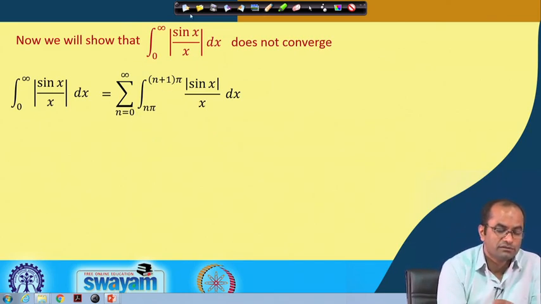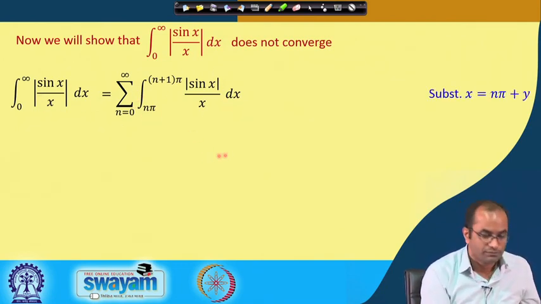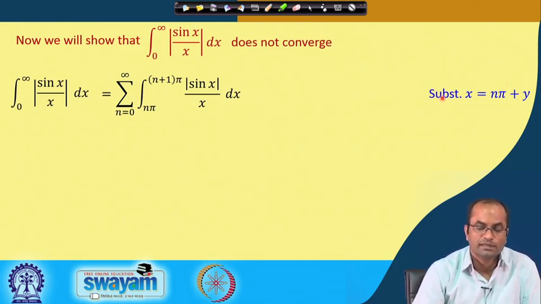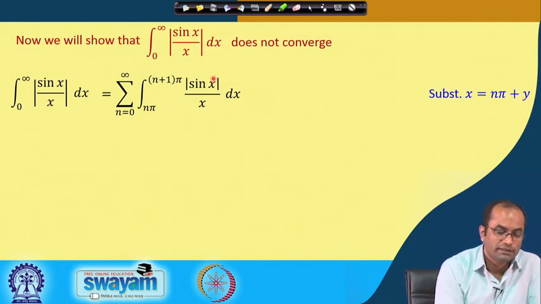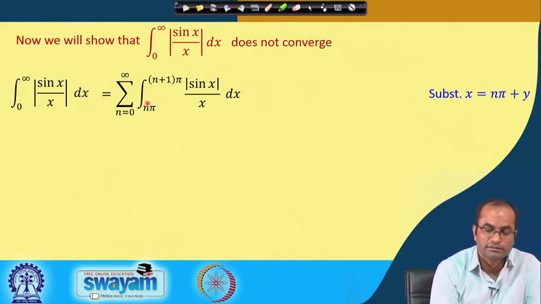So, this integral from 0 to infinity we have broken into several small segments, which we have written in this summation form. Now we make a substitution: x is equal to n pi plus y. So dx becomes dy, and the limits are replaced accordingly.